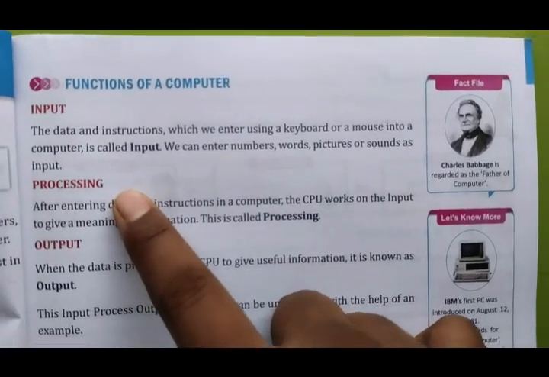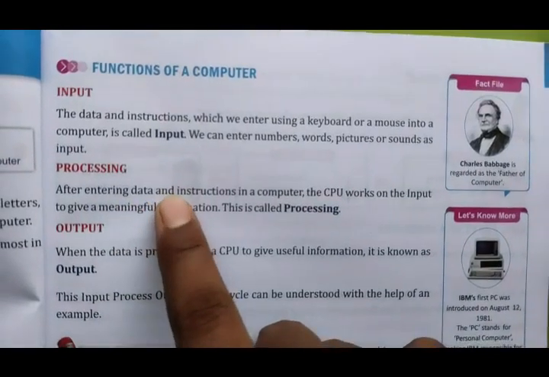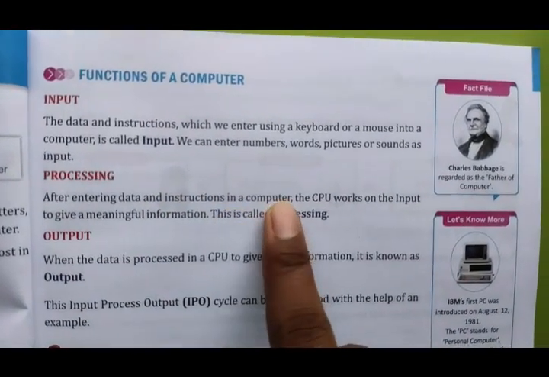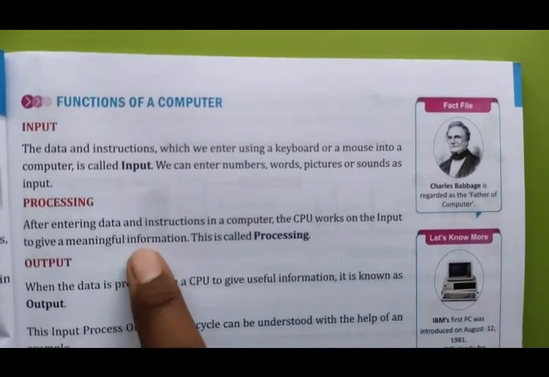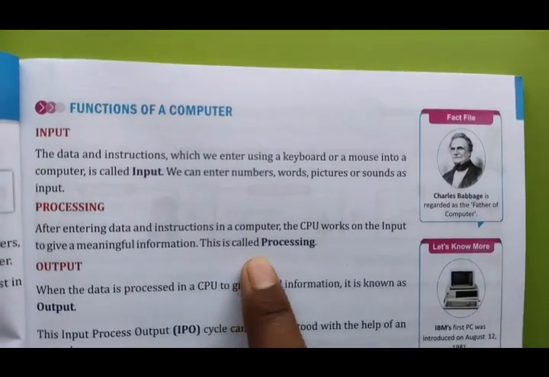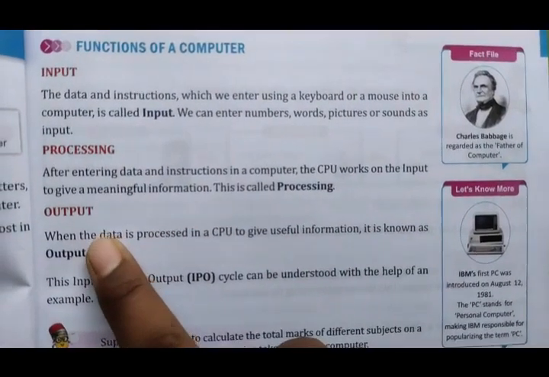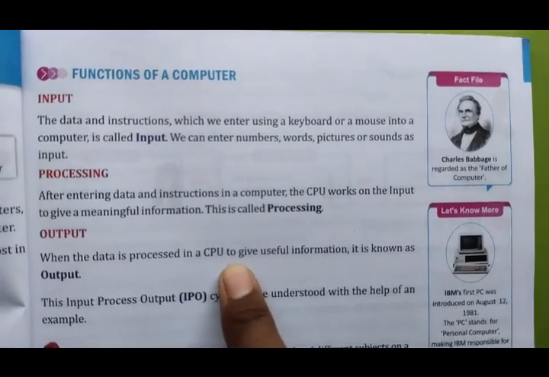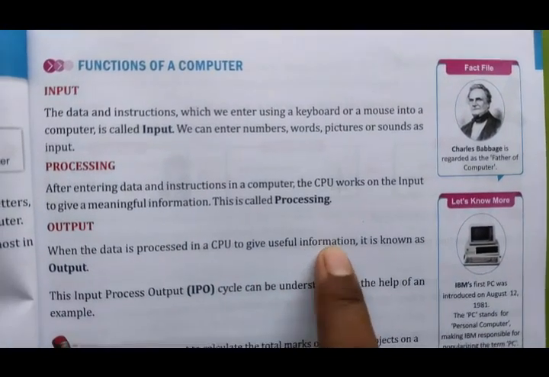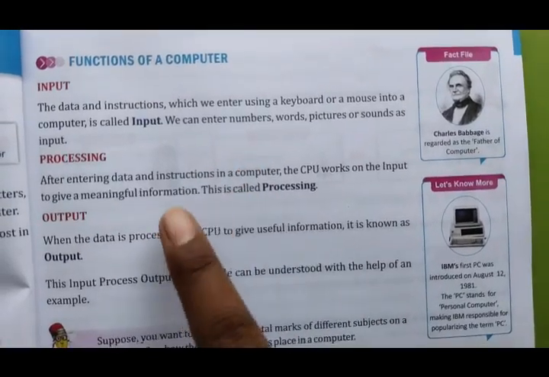Next, processing. After entering the data and instructions in a computer, the CPU works on the input to give meaningful information. This is called processing. Next is output. When the data is processed in a CPU to give useful information, it is known as output.